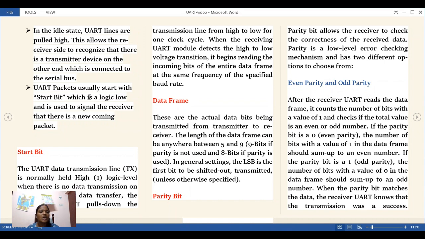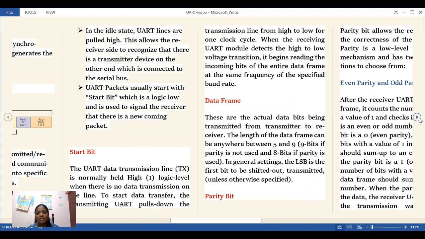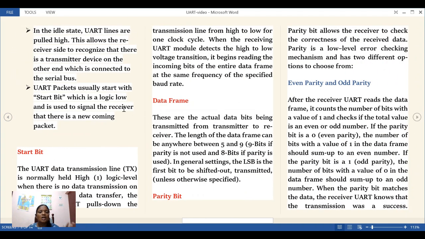So here the UART packet usually starts with a start bit. We can see in the diagram there is a start bit at the beginning, which is a logic low, and that is used to signal the receiver that a new packet is coming. So let us see one step by step procedure. For the start bit, the UART transmission line will normally be held high, that is, logic level 1 when there is no data transmission on the line.